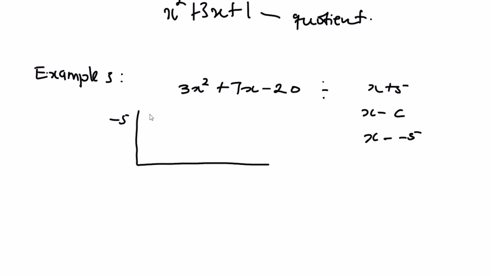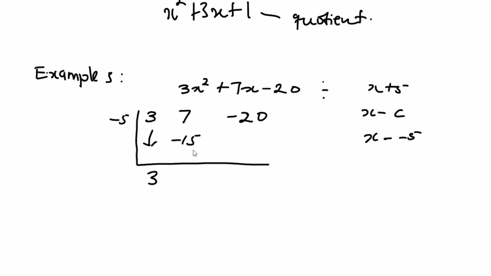Now let's go for our coefficients. The first one is 3. Second one is 7. Now the third one is negative 20. Okay, so let's see. You bring down the first coefficient, then you multiply by the c, you get negative 15.